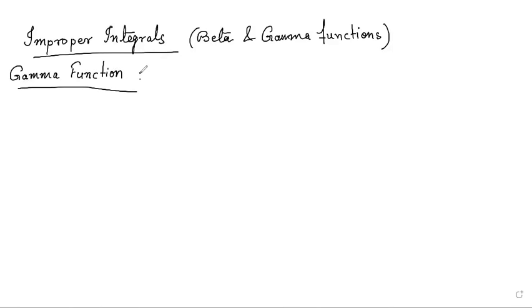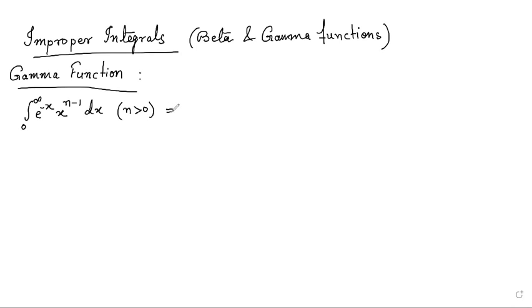So the gamma function means a type of improper integral like integral 0 to infinity e to the power of minus x, x to the power of n minus 1 dx, obviously where n is greater than 0, a positive quantity.